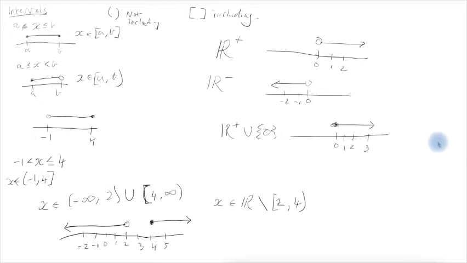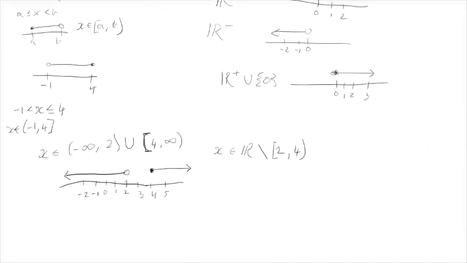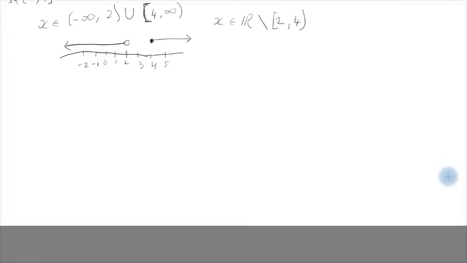Okay, to finish this video off, we might do one example. Okay, so here's an example, and we're going to be asked to find the domain and range of this relation here.